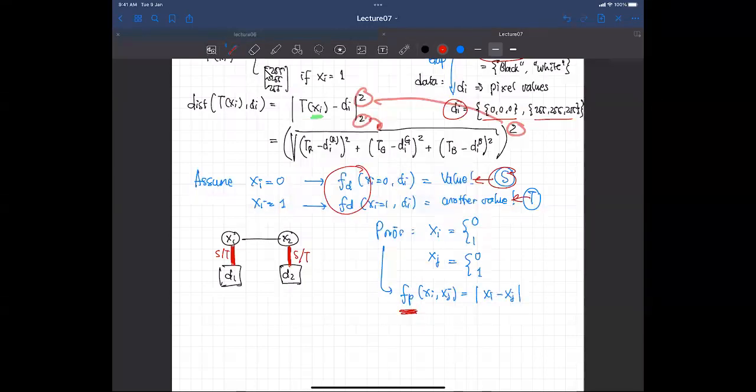What are those two? 0 or 1. 0 when they are the same, and 1 when they are not the same. Correct? So in your connection of fp, you have two values, 0 or 1. Is it clear?